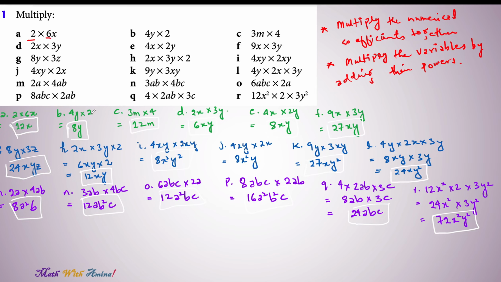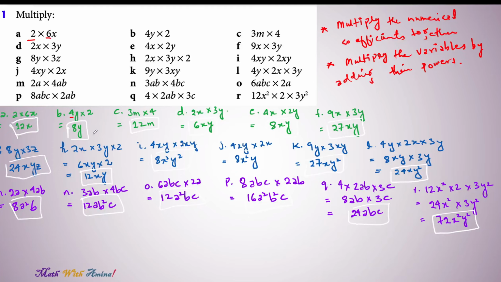4y multiplied by 2. In here the coefficient is 4, so 4 gets multiplied with 2, it is equal to 8, and the variable that we are having is y, so y would be written as it is with the same power.